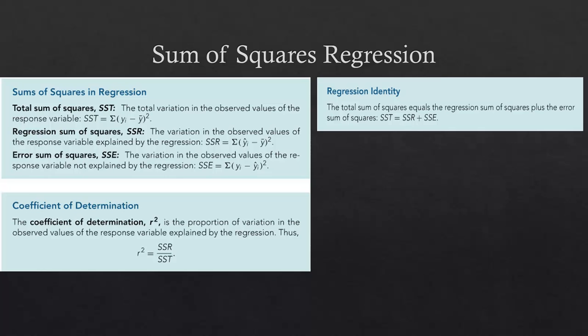So it allows you to solve for a variable so that you can ultimately get the coefficient of determination. So make sure you use that regression identity. You're going to see some problems on homework with it. Be able to plug into it. Be able to plug into the coefficient of determination: R squared equals SSR over SST down here at the bottom.